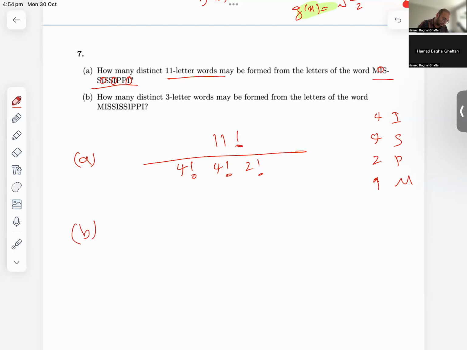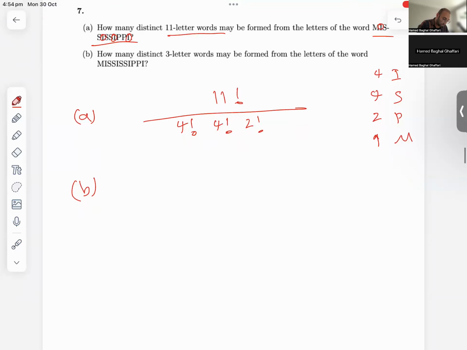Now, part B: 3 letters. They can be distinct letters, X, Y, Z. We've got 4 types, and all of them should be distinct. So the answer is 4 choose 3, times 3 factorial.